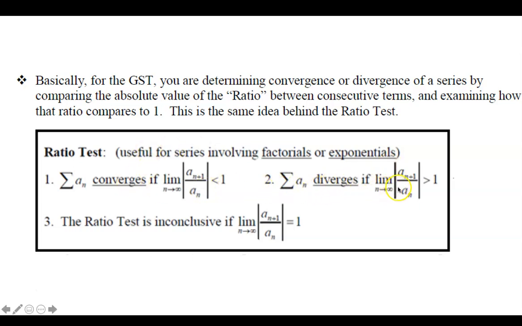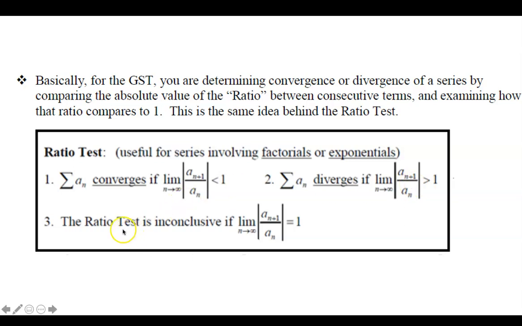Divergence occurs when I take the ratio of the current term and divide the next term by it. So if I take the third term and divide it by the second term and it's greater than 1, that tells me that my terms are getting bigger. And if the terms are getting bigger and bigger and bigger, it diverges.